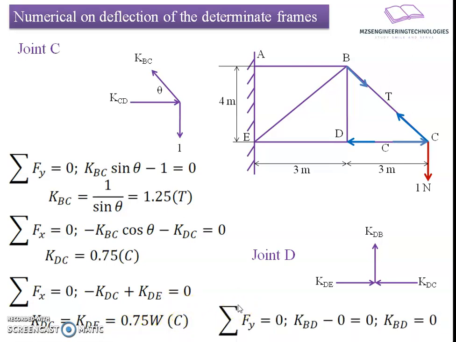Now if we move to the vertical direction, KBD minus 0. There is no external load in the vertical direction to balance the member force. That's why this member will not be under any stress. It will have 0 force, so KBD is going to carry 0 force. If you mark it on the vector diagram, it appears like this. Remember, DE has a compressive force, whereas BD is going to carry 0 force.